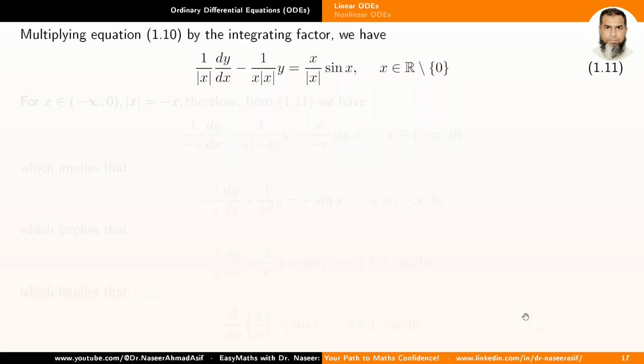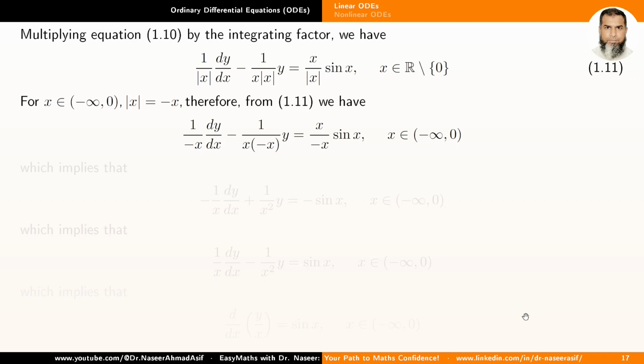Multiplying equation 1.10 by the integrating factor, we have 1 over |x| dy/dx minus 1/x into |x| into y is equal to x over |x| sin x, where x belongs to R other than 0. Now for x belonging to the open interval minus infinity to 0, we have |x| is equal to -x.